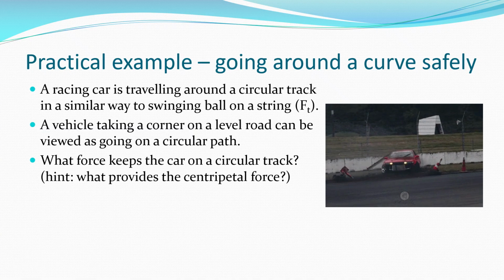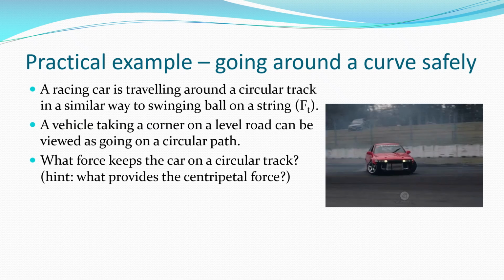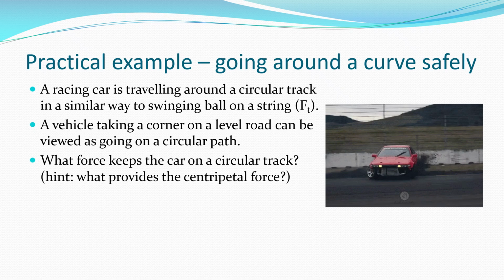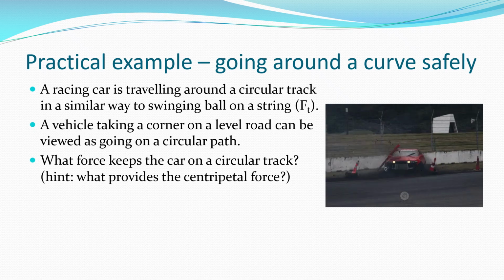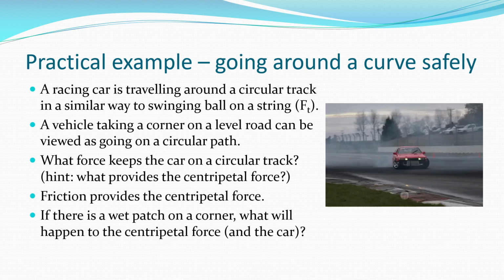So what is the force that keeps the car on the track? It's the same force slowing down that car in the little animation there. It's the friction with the road. It's the friction of the tyres with the road that causes the centripetal force and hence the acceleration of this object around the corner. So friction is what provides our force.